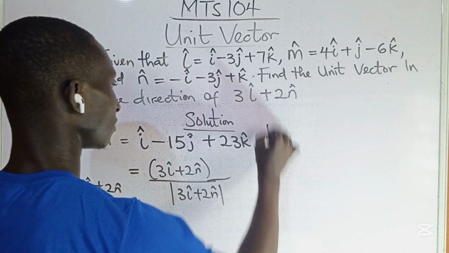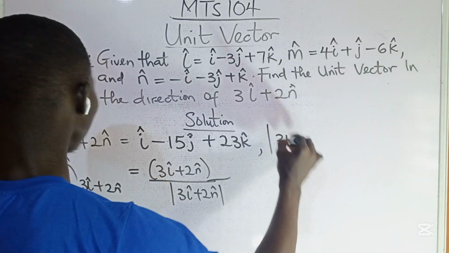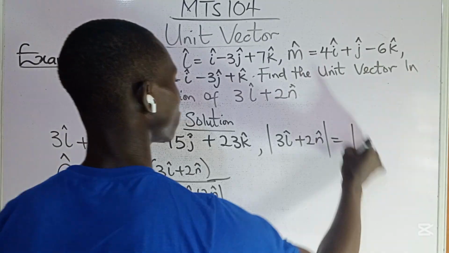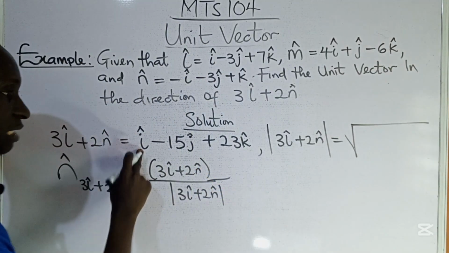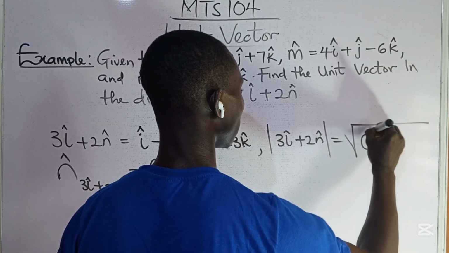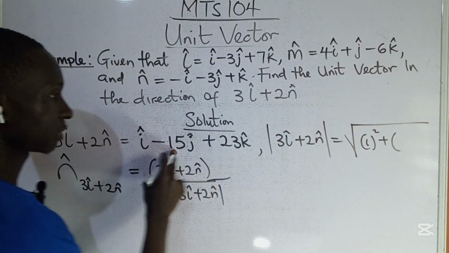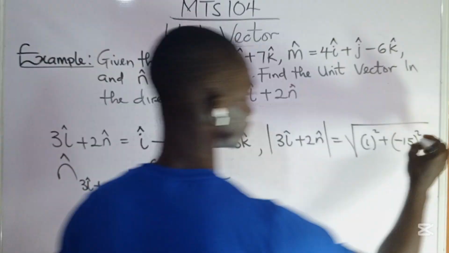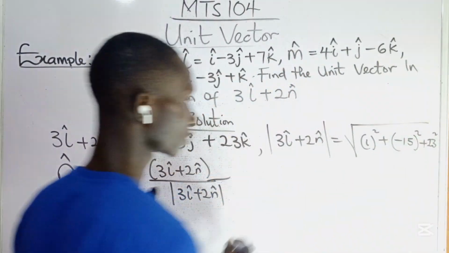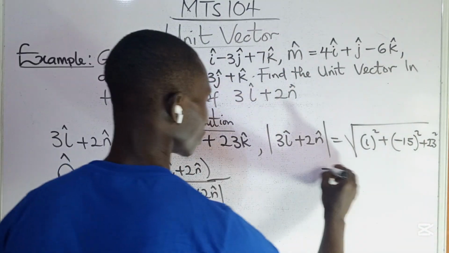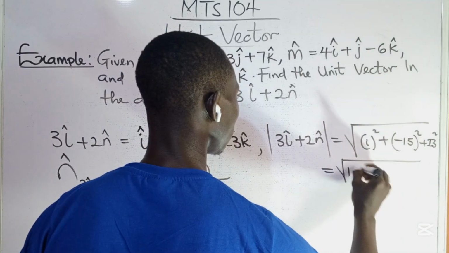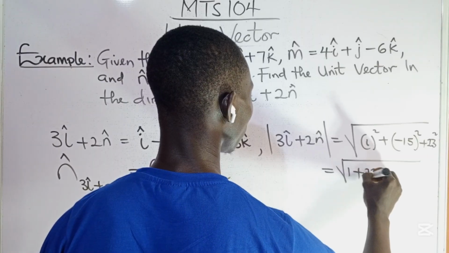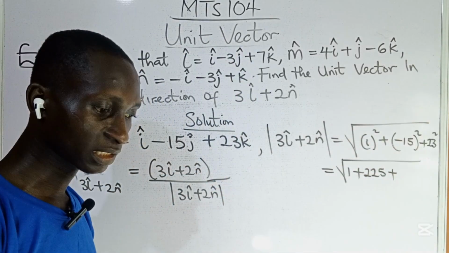The magnitude of 3L plus 2N equals square root of 1 squared plus minus 15 squared plus 23 squared, which is the square root of 1 plus 225 plus 23 squared.